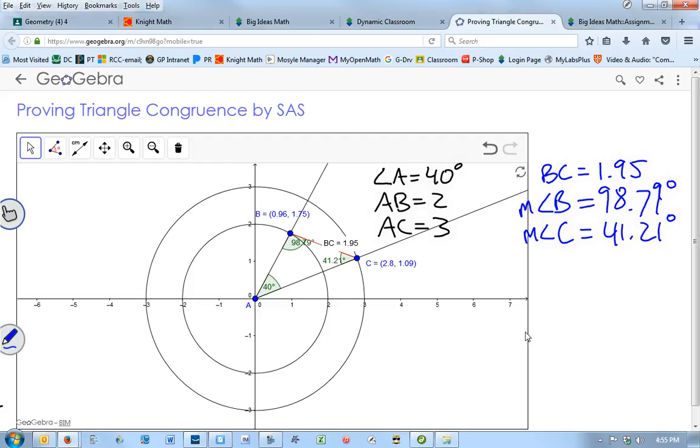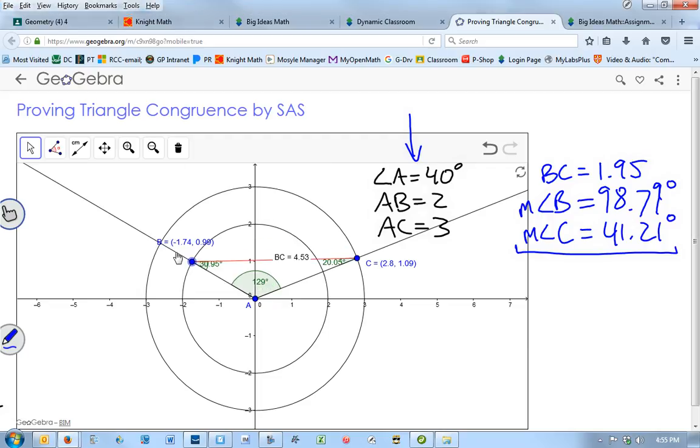I'm going to set these to be true and see what the resulting pieces are. Let's tweak this and swing it around. There's a triangle with 129 degrees down here, but we don't want 129.